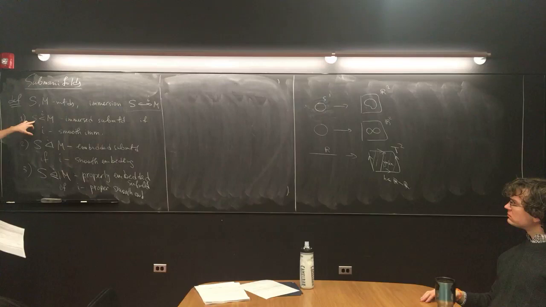So define in local coordinates sigma by this formula, basically the inclusion with the necessary number of zeros here.